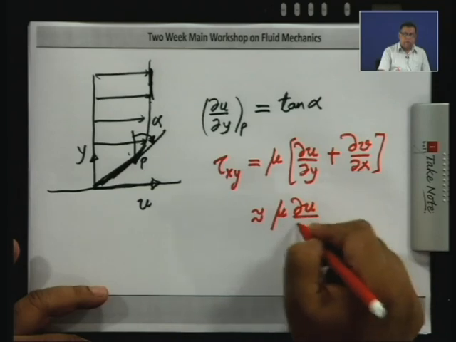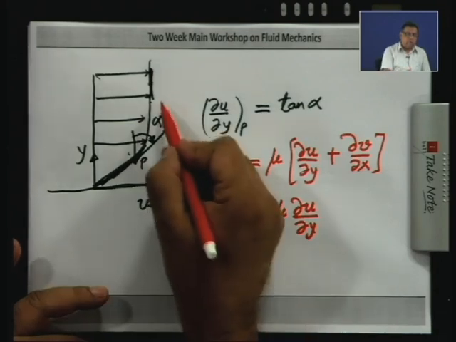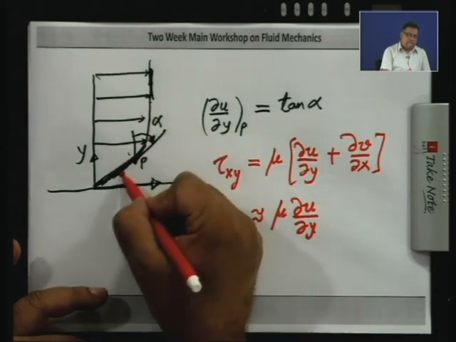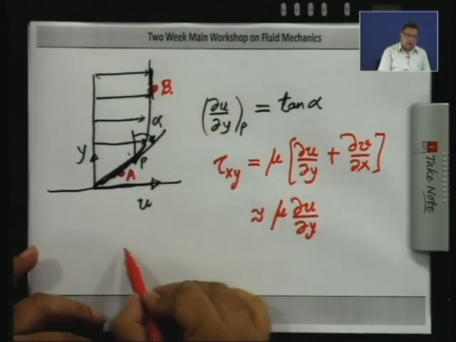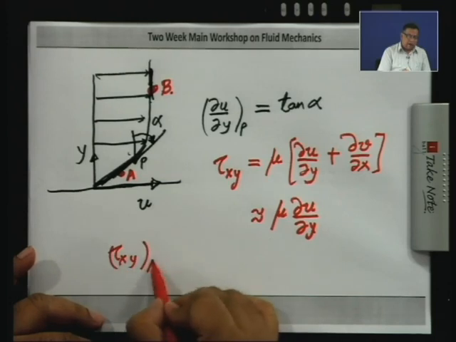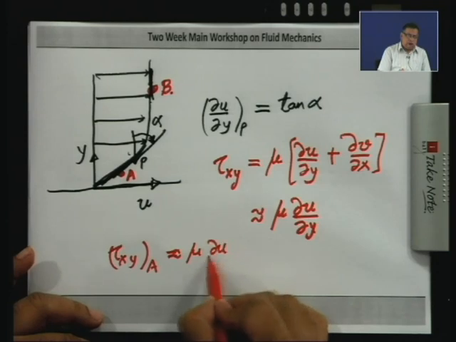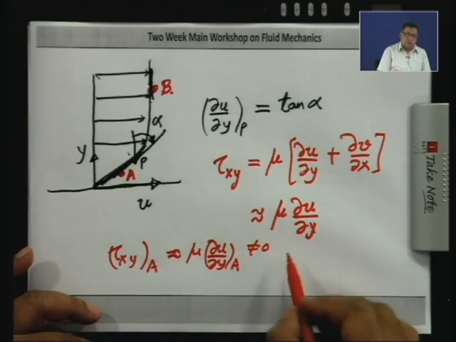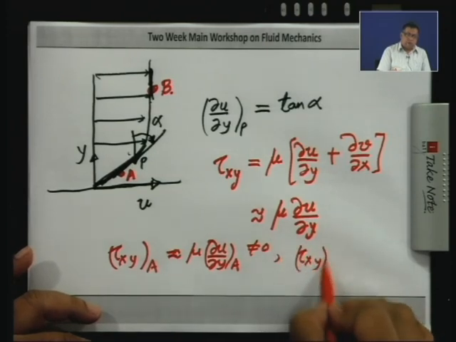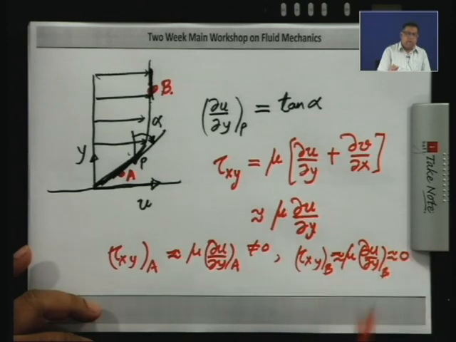This justification we will discuss later, but what I am trying to say is that if you consider 2 points, say a point here say A and a point here say B, tau x y at point A is going to be approximately mu into del u del y at point A, and this may be a large quantity, definitely this is non-zero. But if you look at tau x y at the point B, which is approximately mu into del u del y at the point B, this you can say is approximately 0.